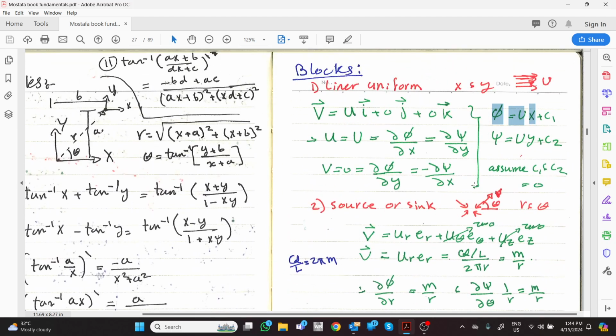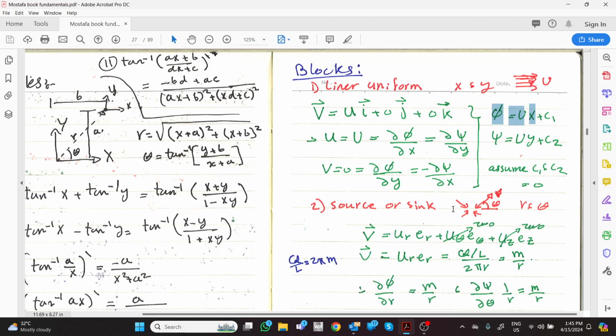So in case I have a scenario where I have a uniform flow, and in the middle of the uniform flow I have a sink, which means like a tank, and the tank has a hole. To simulate or to have the function of the velocity, I'm not going to use the Navier-Stokes equation.